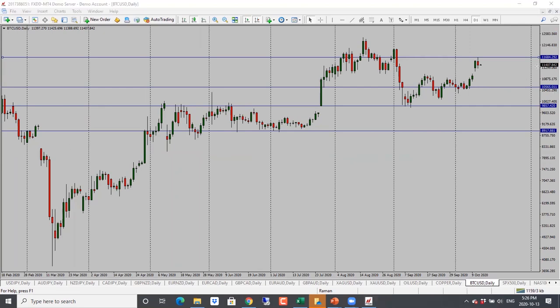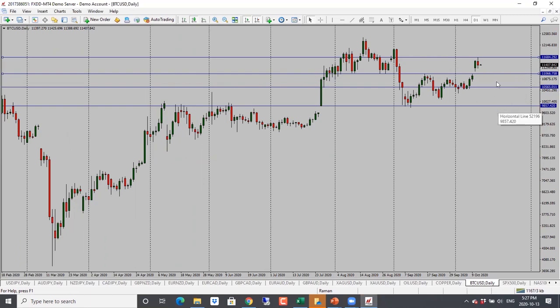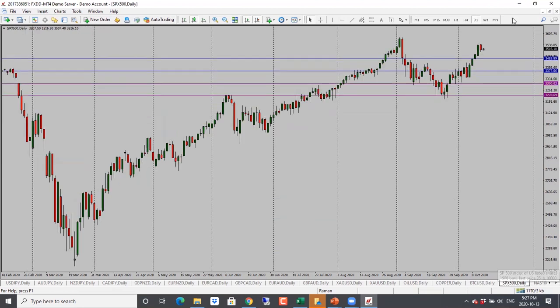Almost a bearish engulfing, not quite, but looking bearish still. So looking for a move back towards this previous resistance level, and this is likely to act as a support level now. So bearish bias here. 11,000 is the first target. Should it go through that, then we're looking at 10,770. So Bitcoin is bearish as well.